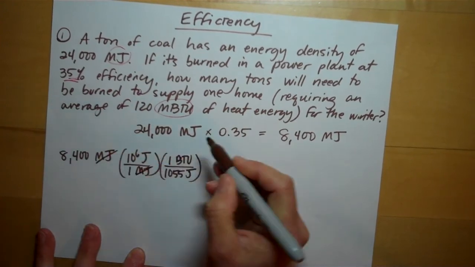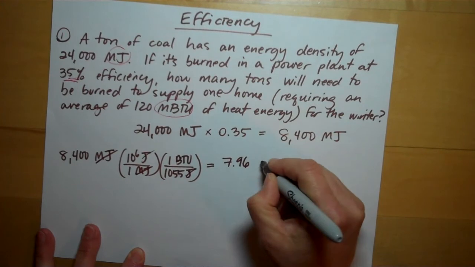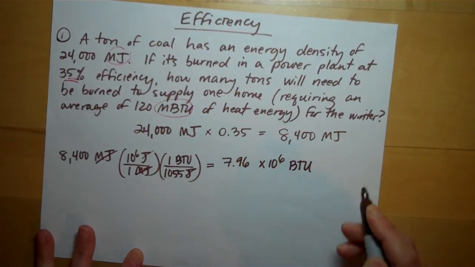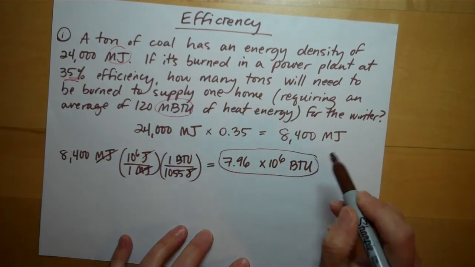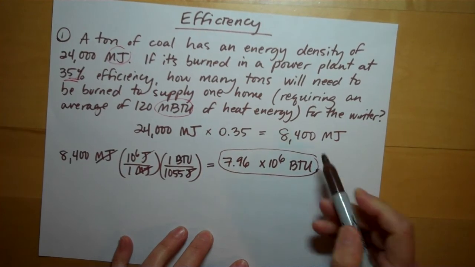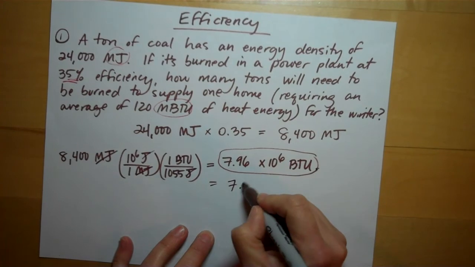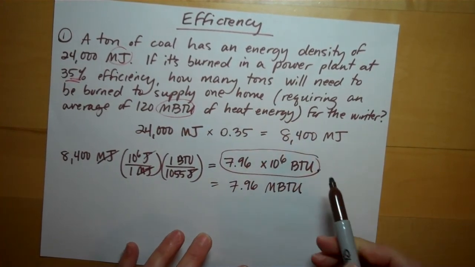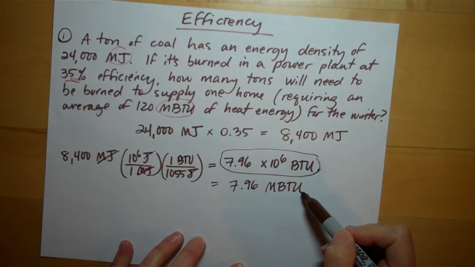So megajoules cancel, joules cancel, and we're left with 7.96 times 10 to the 6 BTUs. So this is how much energy our coal is supplying. 10 to the 6 is mega, so you can see this is 7.96 mega BTUs. So a ton of the coal is providing about 8 mega BTUs.